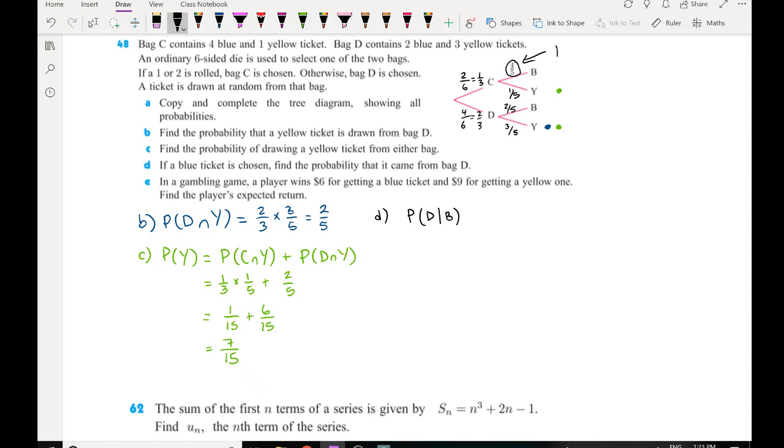Oh, sorry, I'm pointing to the wrong spot in the tree. Most people would guess it was this probability, but this is actually the probability of it being blue given that you were from bag D. The probability that you're in bag D given that the ticket was blue is a slightly different thing.